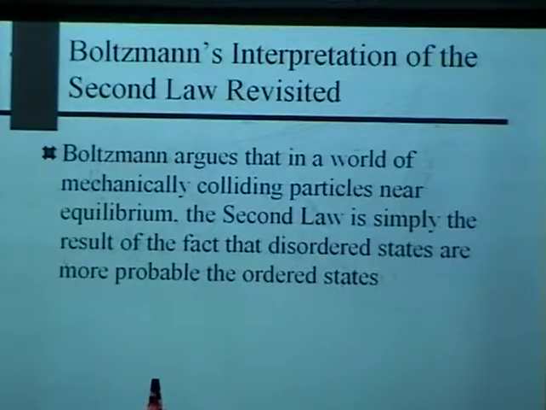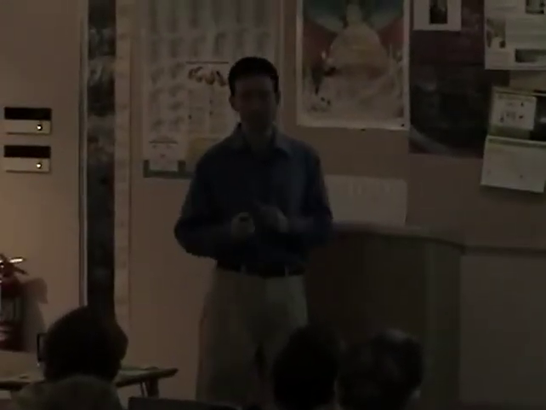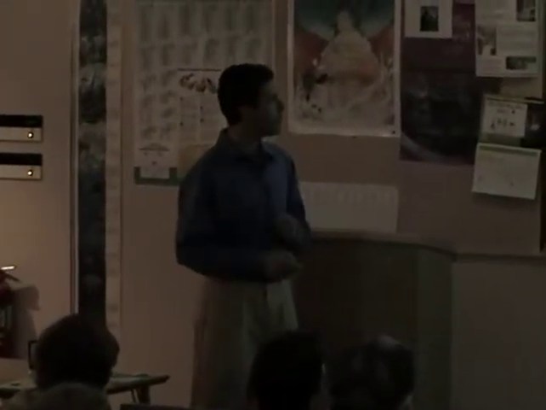Well, first we have to revisit Boltzmann's interpretation of the second law of entropy. Boltzmann argues that the second law is simply a result of probability. When you're talking about systems that are at equilibrium or very near equilibrium, systems of colliding particles, this may be true.